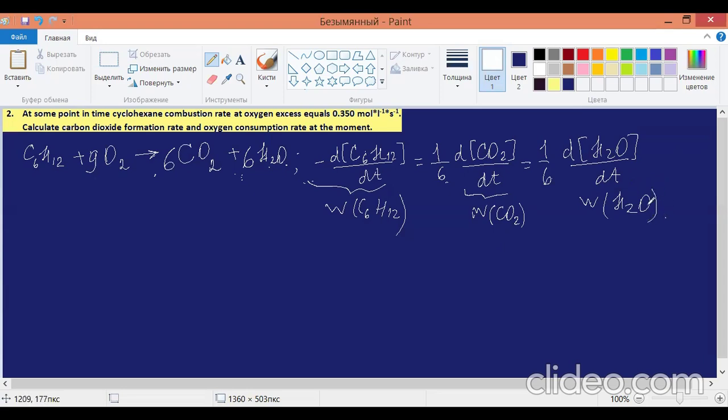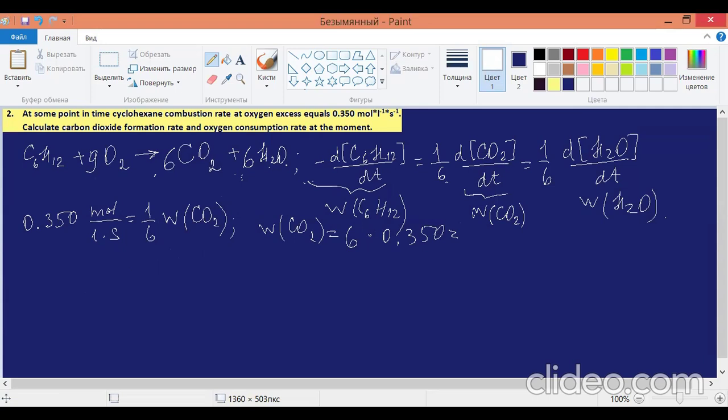Okay, now we can write that 0.350 moles per liter per second is equal to 1 out of 6 of the rate of CO2 formation. For that reason, we can write that W of CO2 is equal to 6 times 0.350.